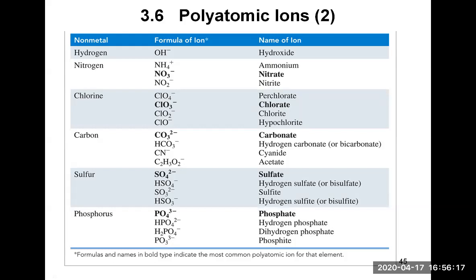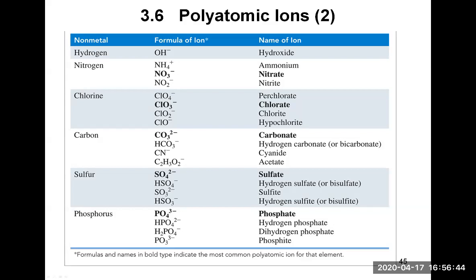So these are all single atom ions. But here the hydroxide is a polyatomic ion because it's oxygen bonded with hydrogen and it carries one negative charge. It's called the hydroxide ion. It's a fairly important ion you will see in chapter 9 with acids and bases.